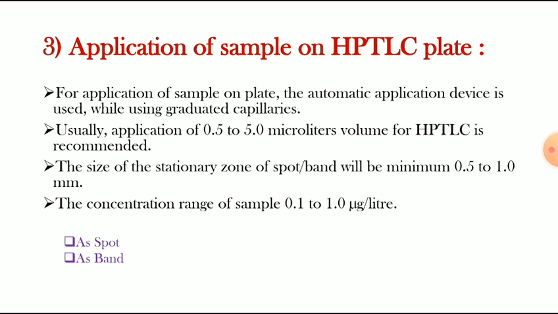The concentration range of sample is 0.1 to 1 microgram per liter. See, that means a very dilute sample solution we can use in this application of sample on the HPTLC plate. The various techniques of sample application are actually as a spot or as a band.